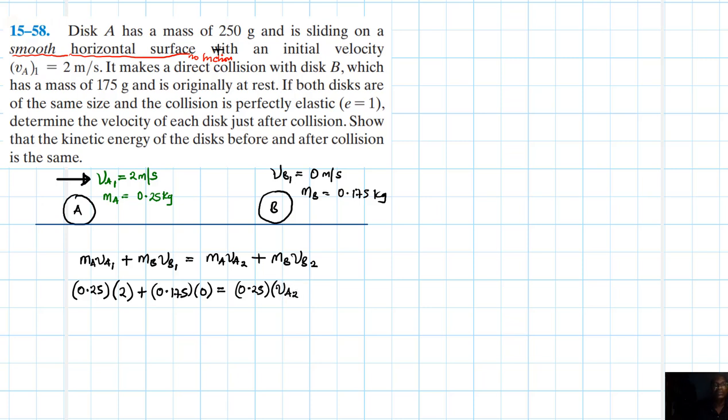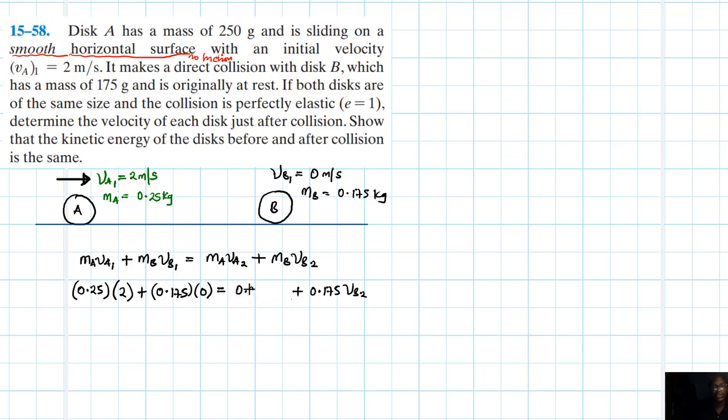We don't know it; this is what we intend to find, so we just write it as VA2, plus MB, 0.175, times VB2.